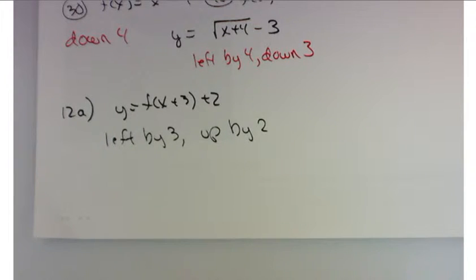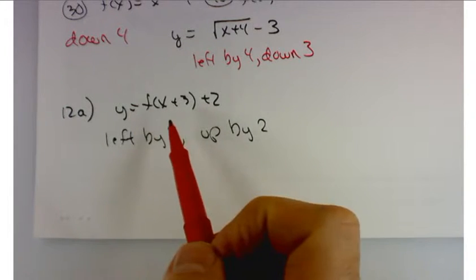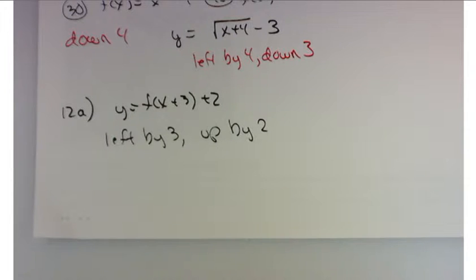If you have a plus 3, that's always going to shift your graph to the left by 3 inside the parenthesis, even if you had something kind of strange. I was told to think about what would make it 0, so negative 3 plus 3 would be 0. And x is negative when you're shifting it to the left.